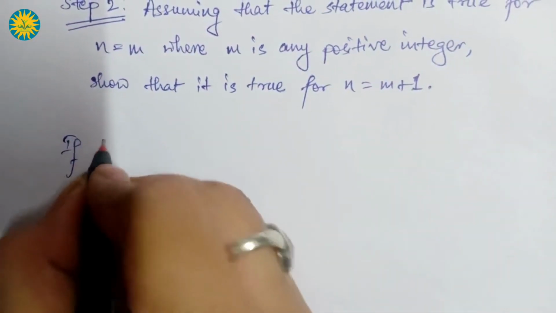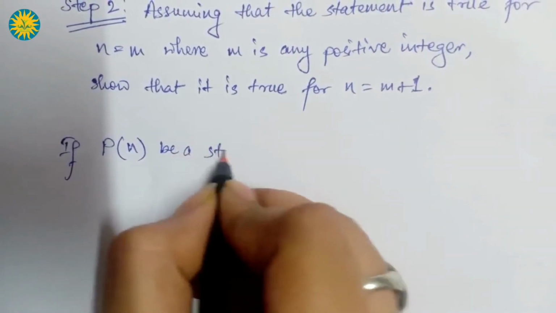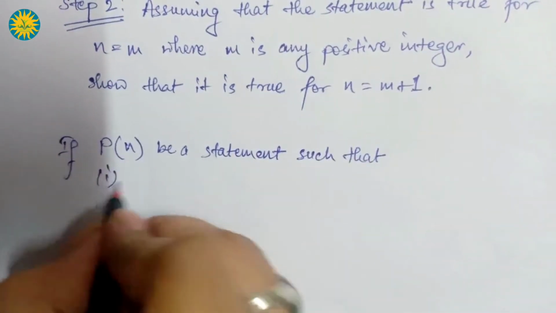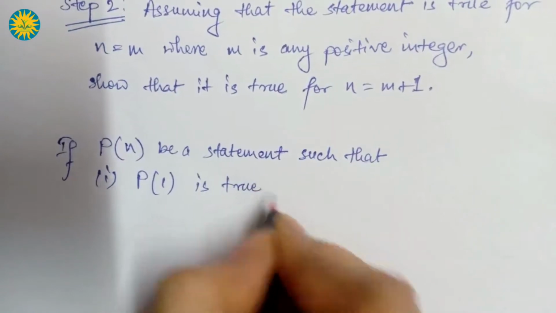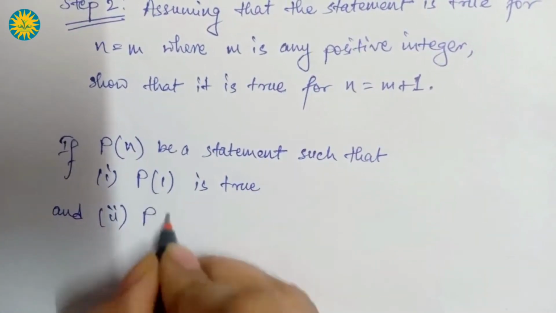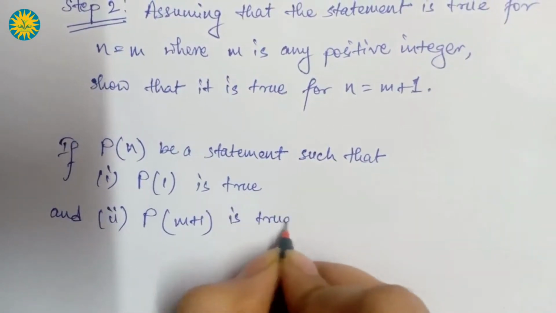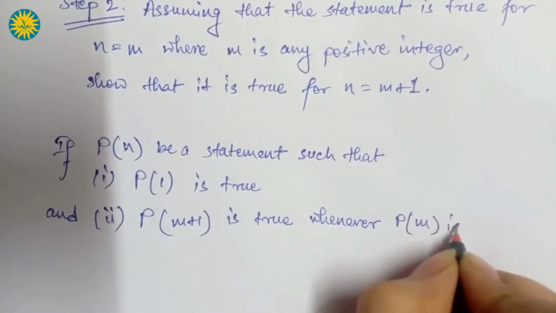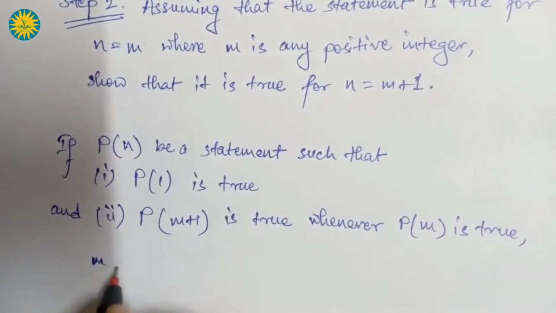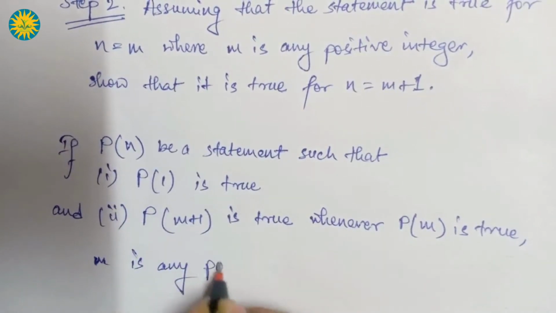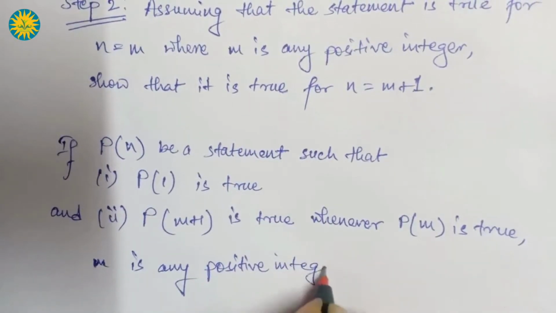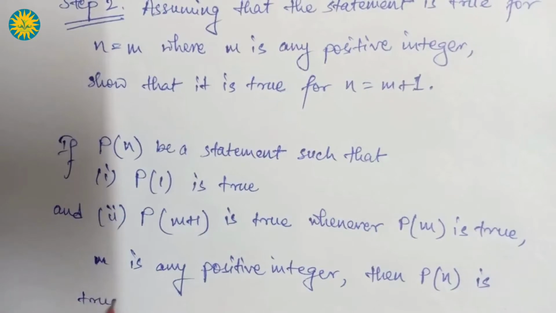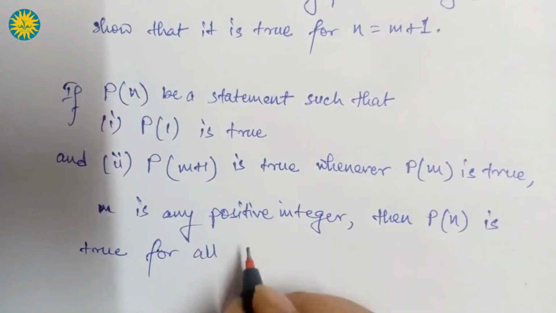Now, if P of n be a statement such that number 1, P of 1 is true, and number 2, P of m plus 1 is true whenever P of m is true, where m is any positive integer, then P of n is true for all positive integers n.